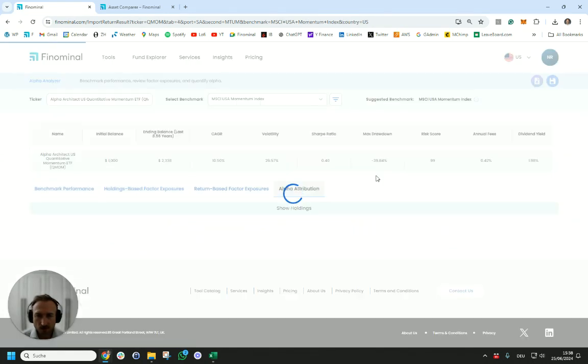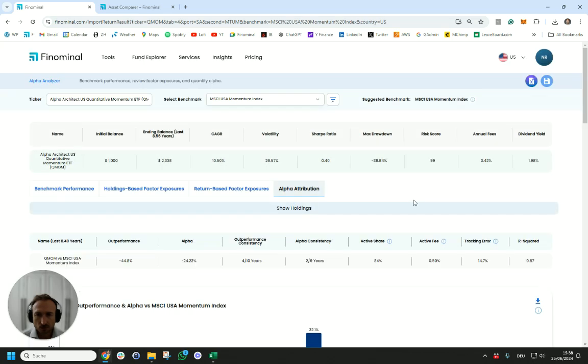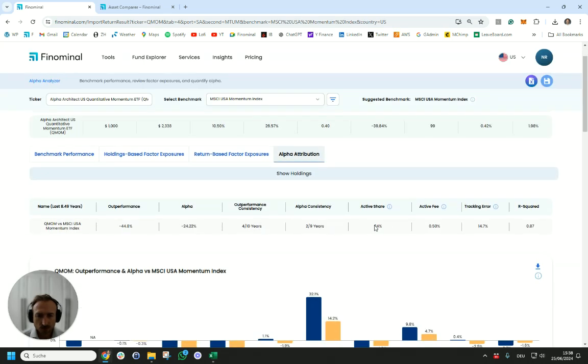Now, from an alpha attribution perspective, we do see that the fund has a relatively high active share, 84%. We do see that the outperformance versus that index was on the lower side. Same thing as the alpha consistency.